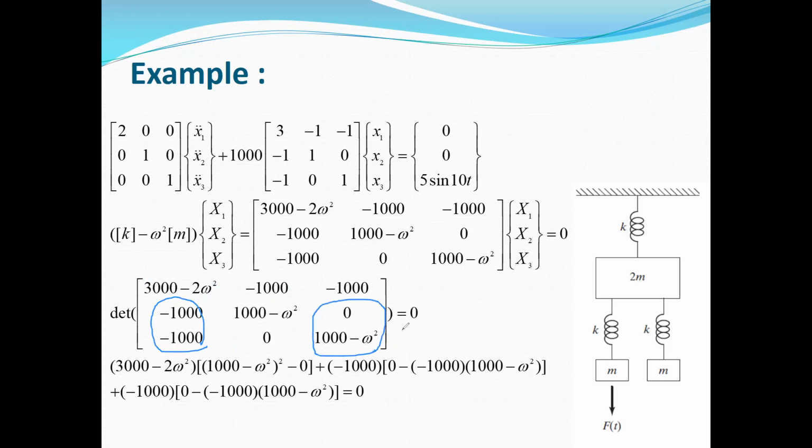Of course, we have one negative sign, and finally this component multiplied by the determinant of this matrix.